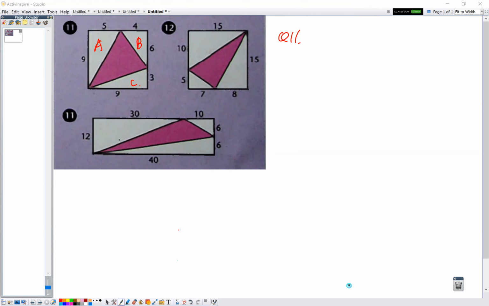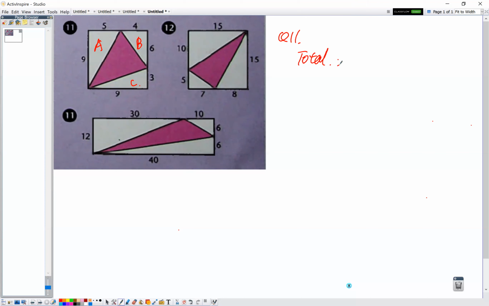If we find out the total area, we can work in this way. The total area we got is like this.